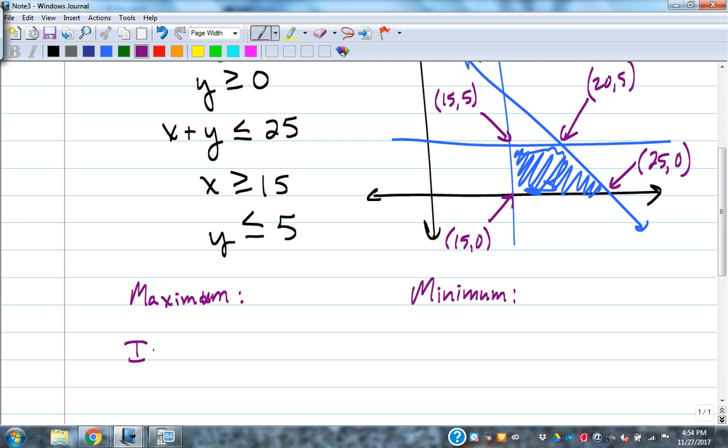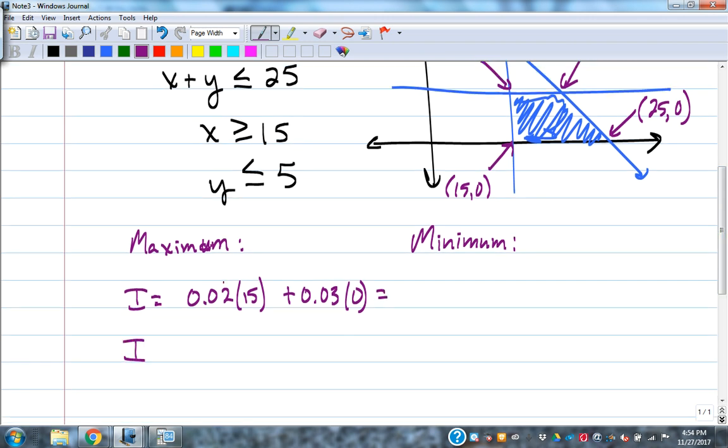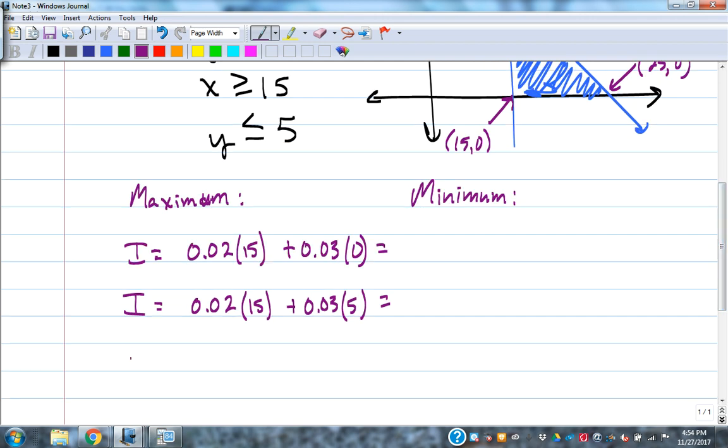So let's plug in 0.02 times 15 plus 0.03 times 0. Work that out, that number. Then do the next ordered pair, which is 15, 5: 0.02 times 15 plus 0.03 times 5. Get that answer. Do the next ordered pair, which was 25, 5. I'm just going around clockwise around the shape there. Doesn't really matter what order you do things in.